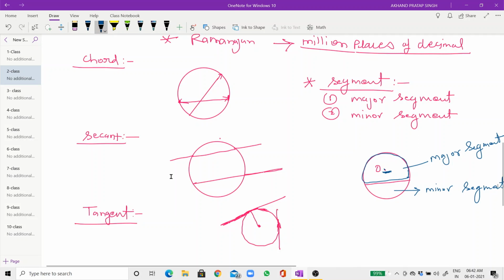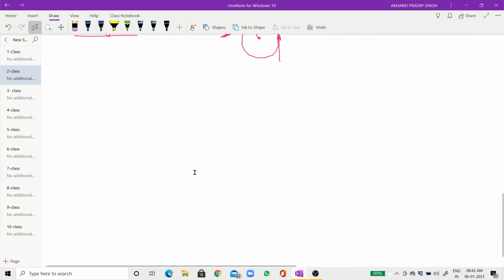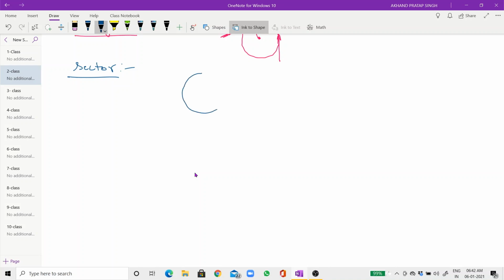Now the next one is the sector. Suppose this is a circle and this is the center.